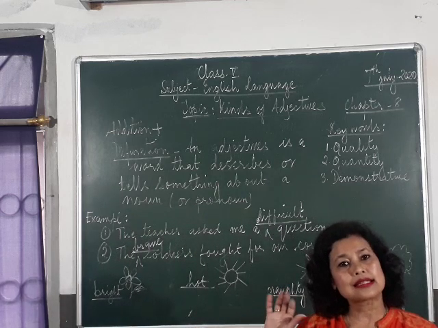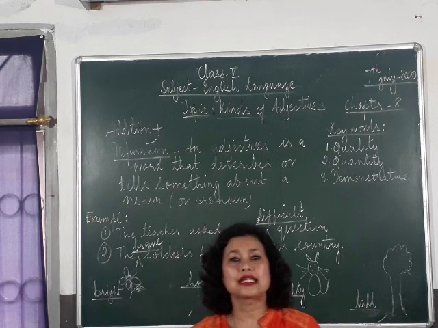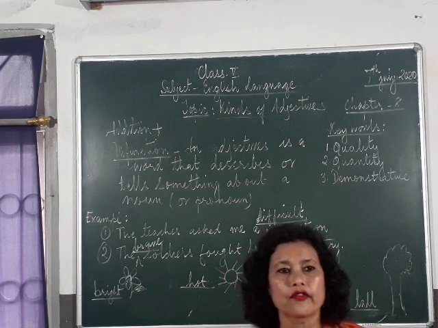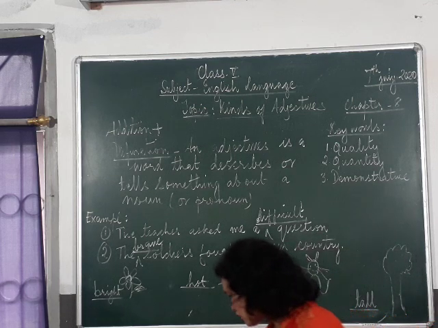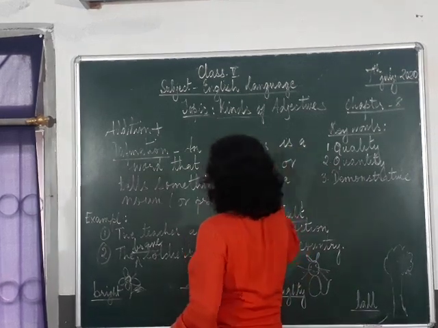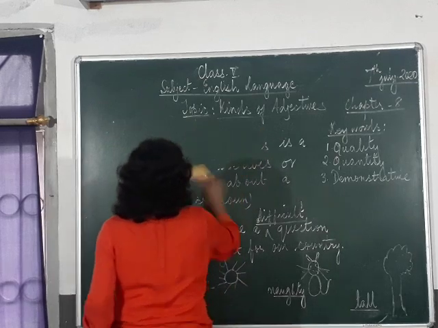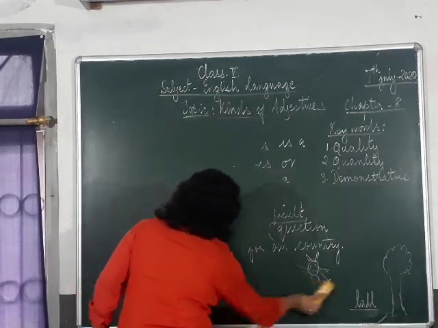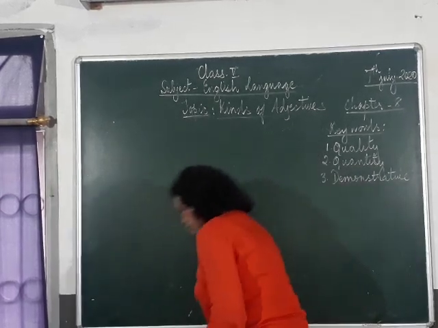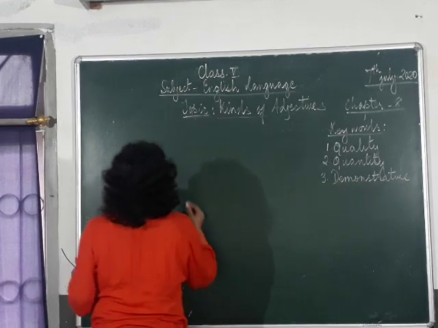Actually there are 6 kinds of adjective. But here in this class, we are going to concentrate only on 4. I'm going to rub this out now and write the kinds of adjectives.